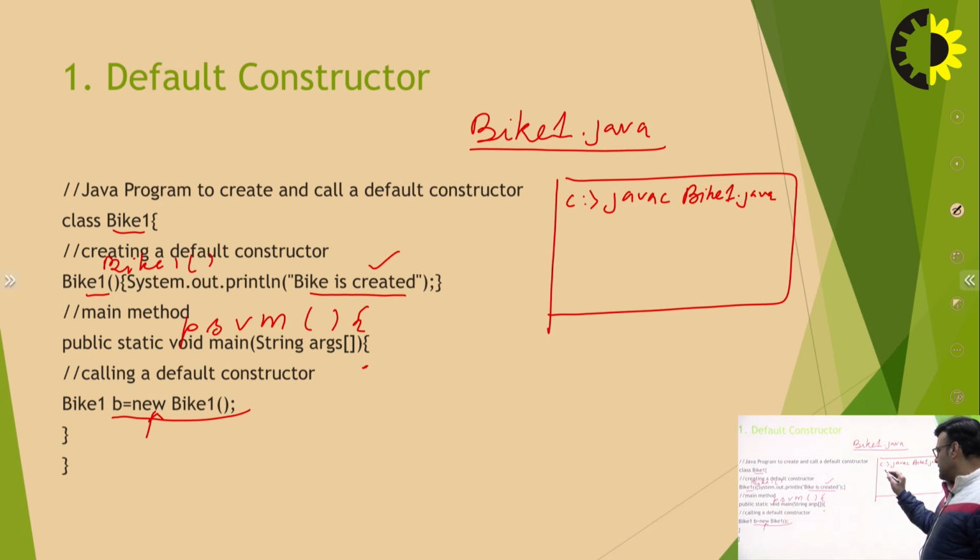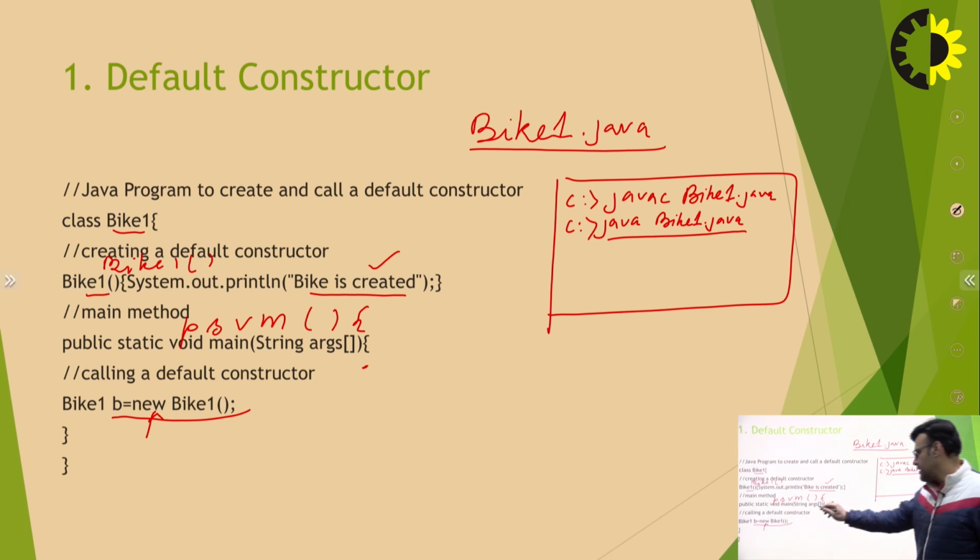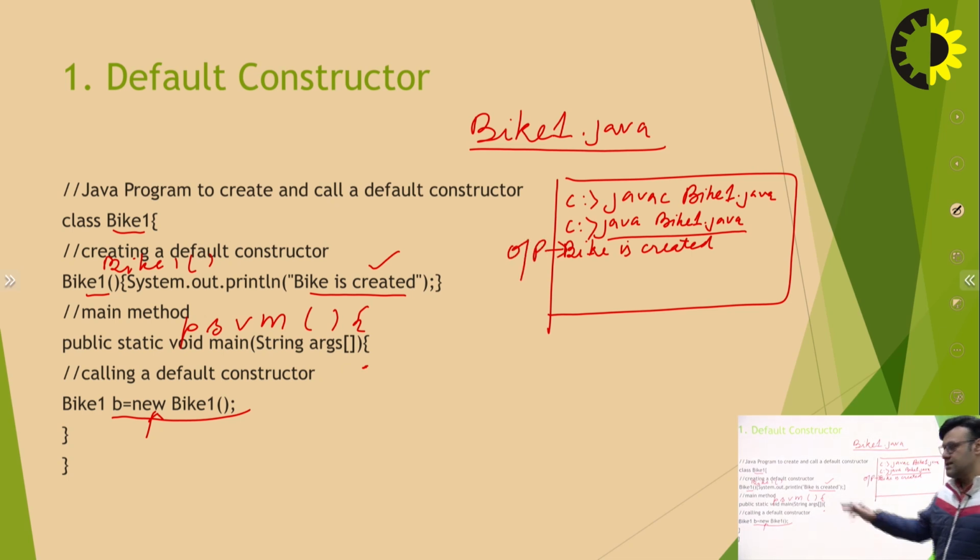Then in the next line we will run this program using the command java bike1. With the help of this command we run this code, and it will print that the default constructor is called: "bike is created". So this is the output that is generated, and this is an example of a default constructor.